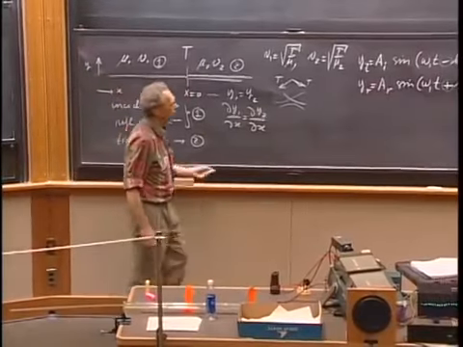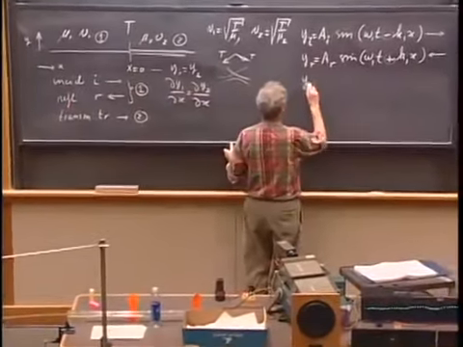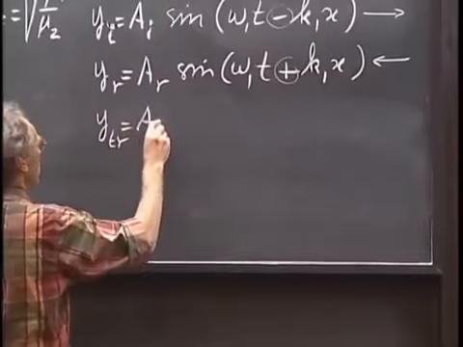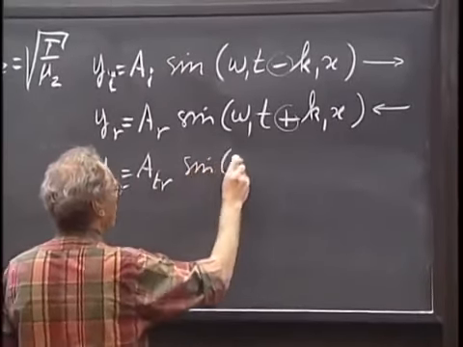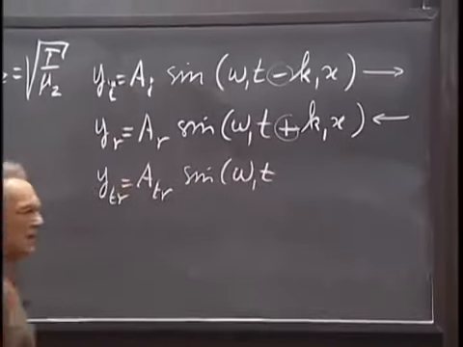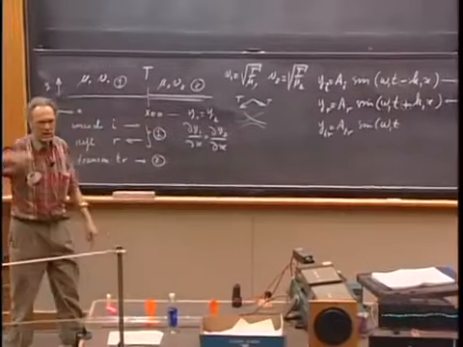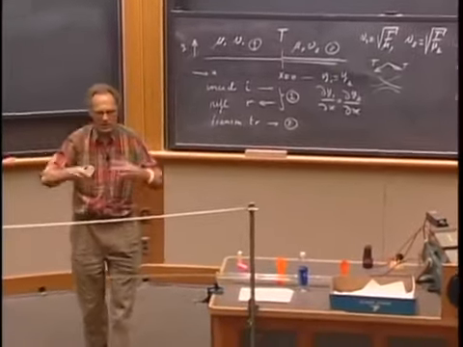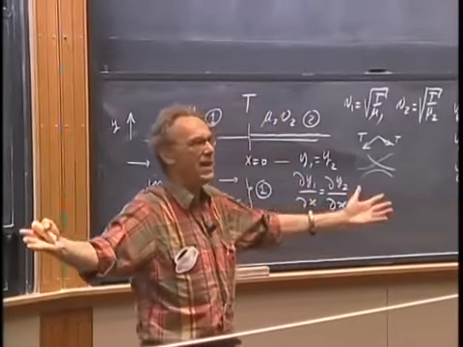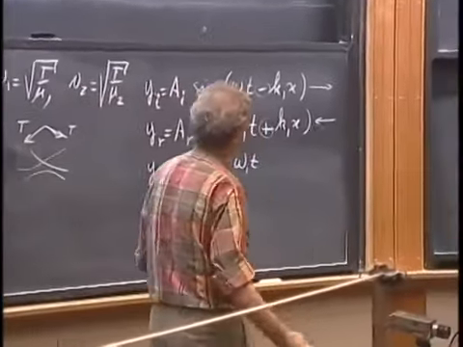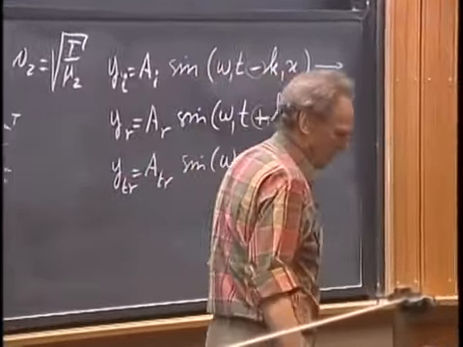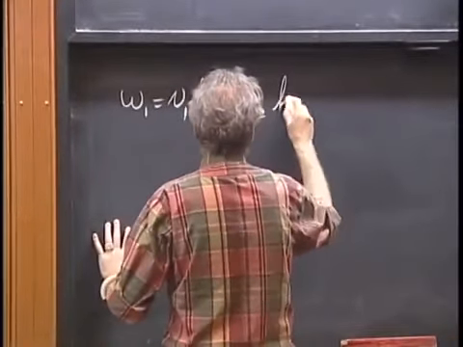And so now the transmitted one is amplitude A_t times the sine of the same omega, because if this junction shakes up and down with frequency omega, that's the same for both media. So omega is a given. You can't say omega is different on the right side than on the left side. In other words, omega is v1 times k1, but that is also v2 times k2.